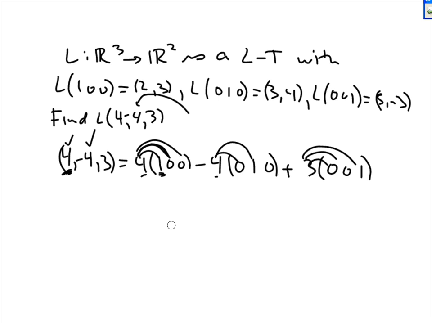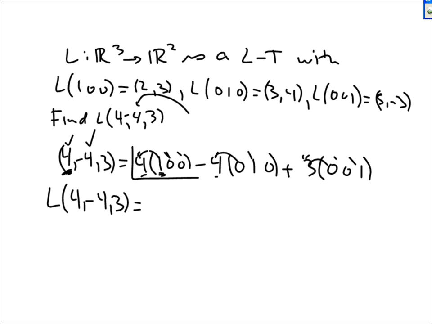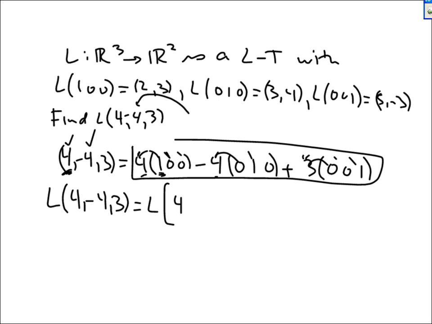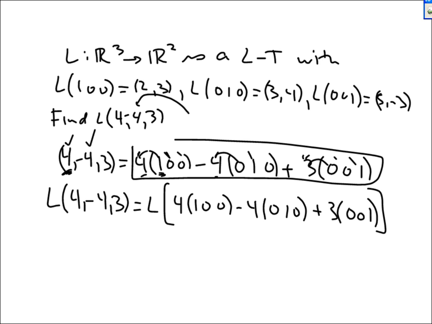Now, I want to find L of 4, negative 4, 3. L of 4, negative 4, 3 is equal to L of 4 times 1, 0, 0 minus 4 times 0, 1, 0 plus 3 times 0, 0, 1.